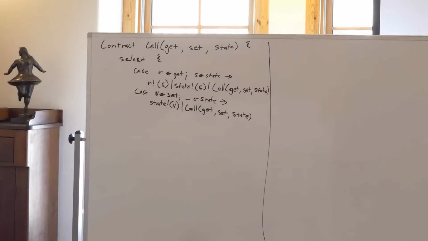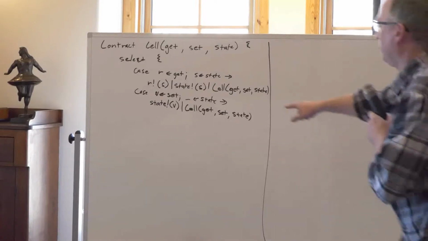Any other thoughts on what the bug is? Mike didn't have a mic, so he said that you may set twice, and that's prevented by the channel basically acting like a lock, the state channel acting like a lock.